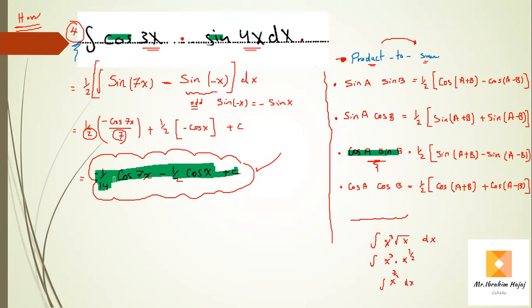Also this question, guys, correctly. Mahdi, you wrote 14 overall. No, the 14 is not for all. The negative 1/14 cosine 7x is for that term only, and then 1/2 cosine x.